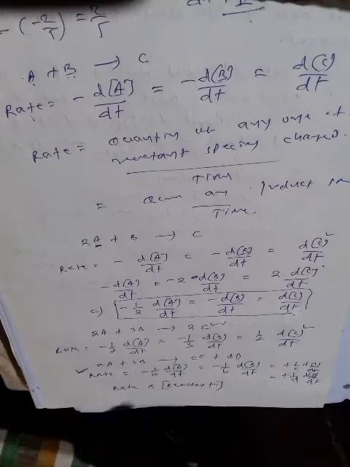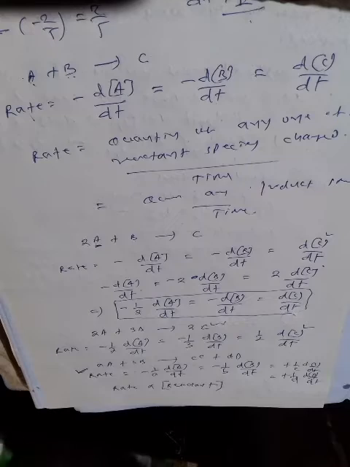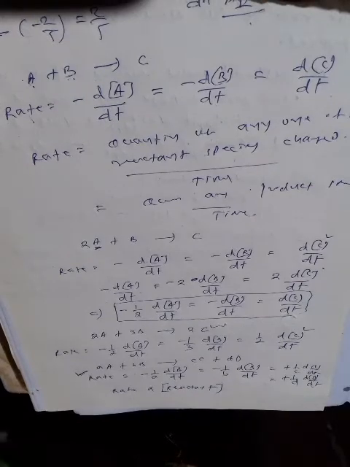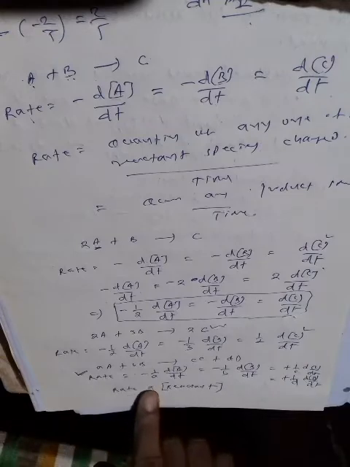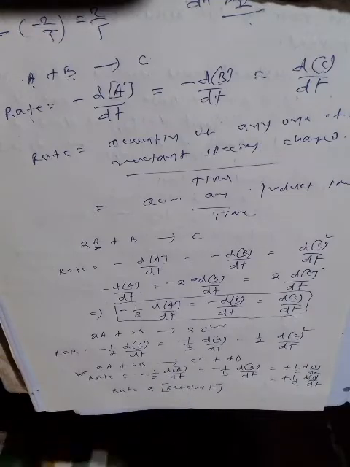And we know the concentration of reactant gradually decreases in a reaction. So the rate will decrease, because rate is directly proportional to reactant concentration. So in a reaction, rate as well as concentration gradually decreases. So the rate is not uniform.